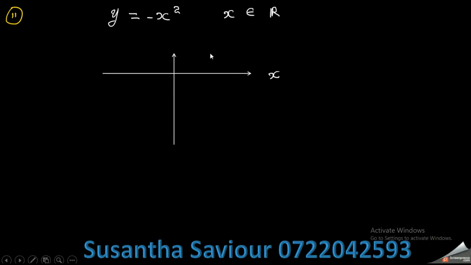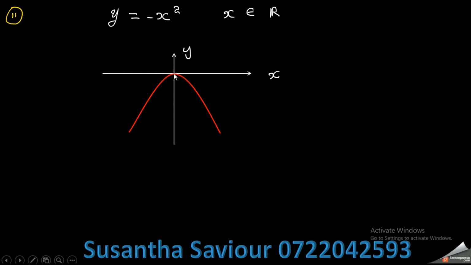We will see the next example. y equals minus x squared, x belongs to R. Now you can do it all by yourself and check what your range is, right? This is a very simple sketch, right? It is looking like this.